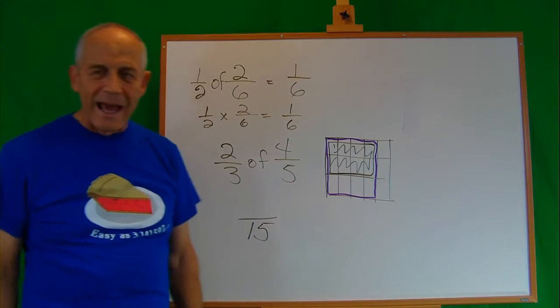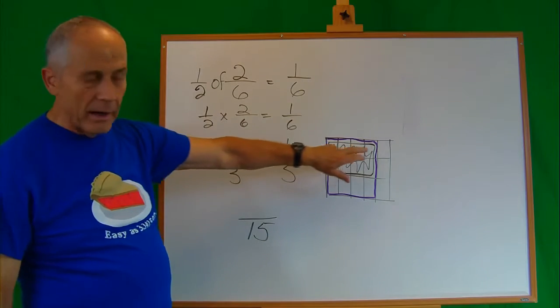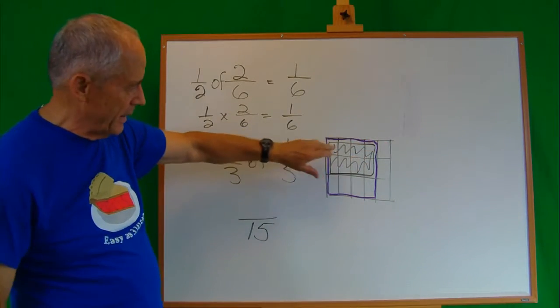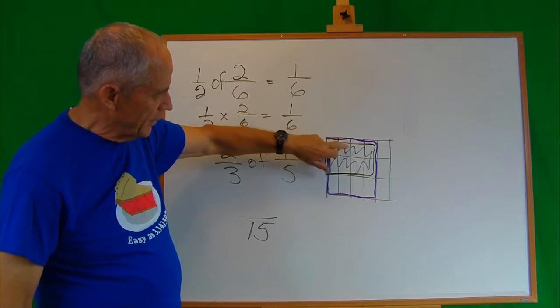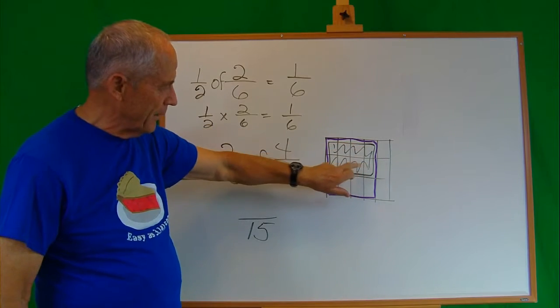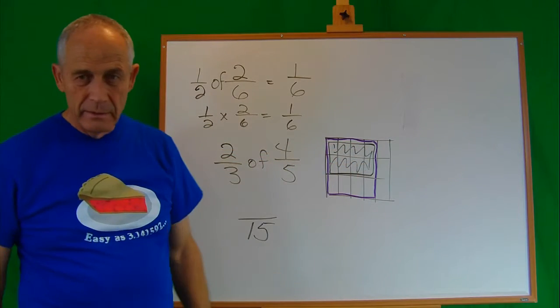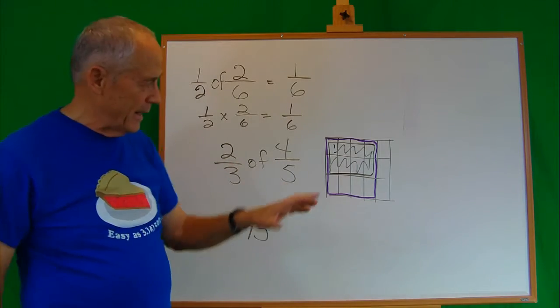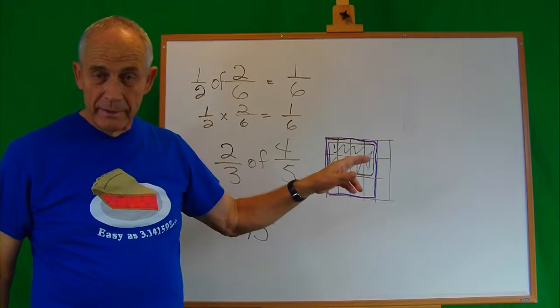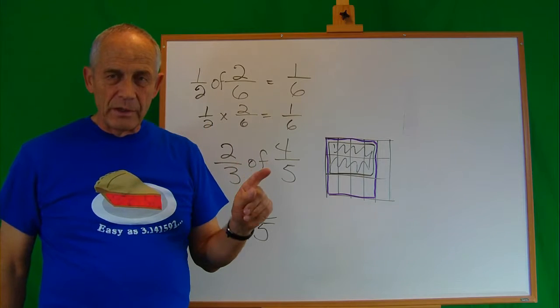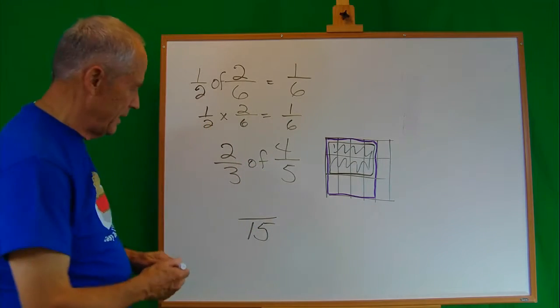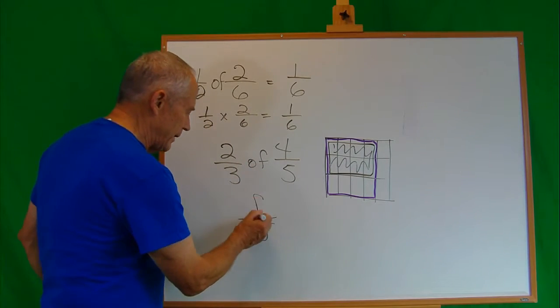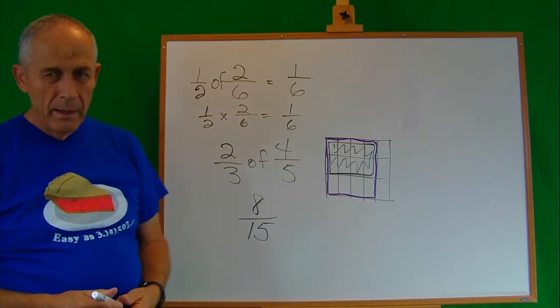Well, let's find out how many there are in this area here. I've got 1, 2, 3, 4, 5, 6, 7, 8. There are 8 of those 15ths in that purple area. So 2/3 of 4/5 is equal to 8/15.